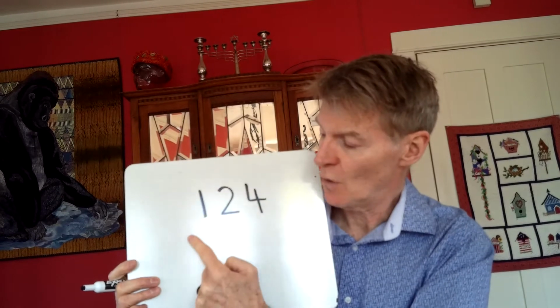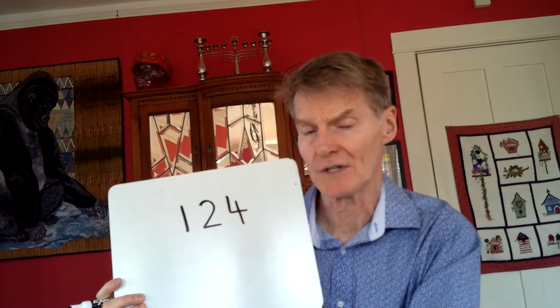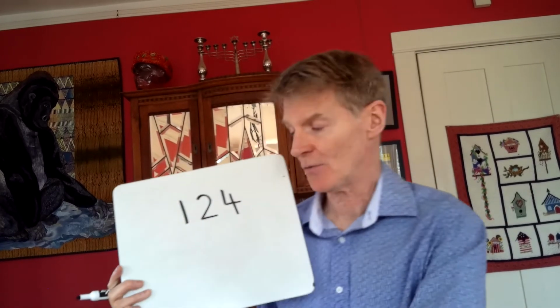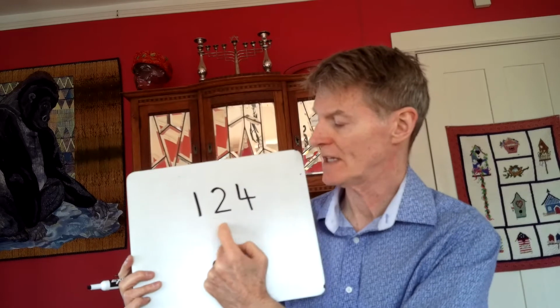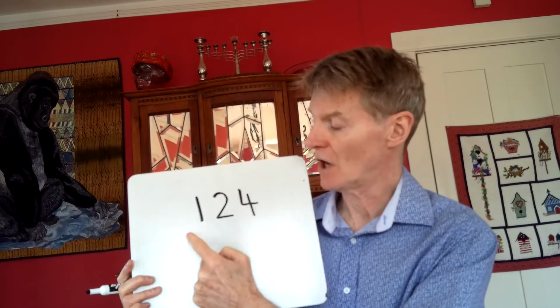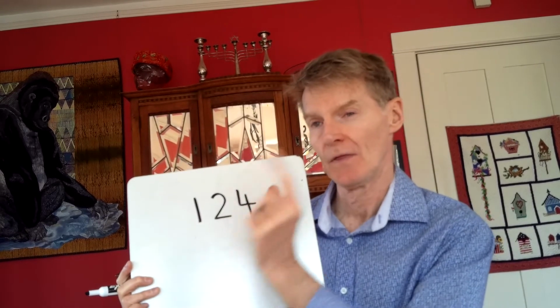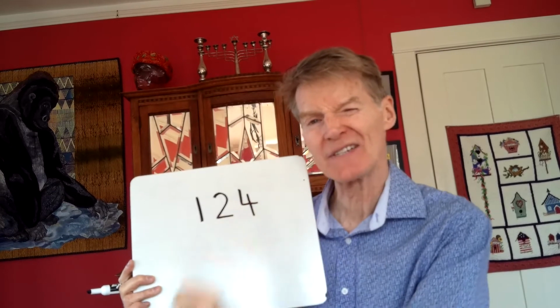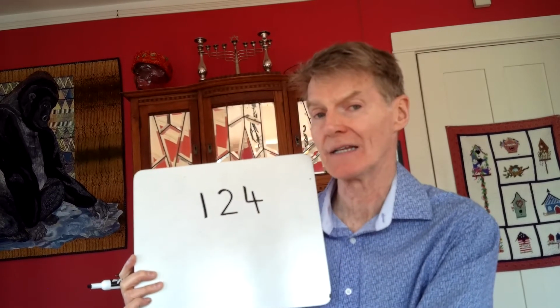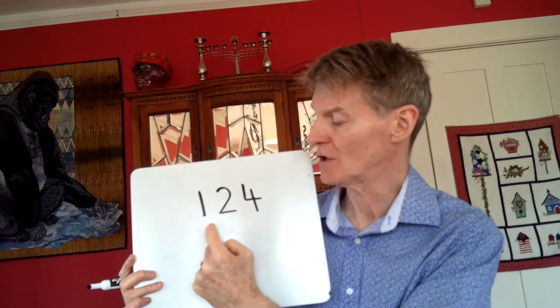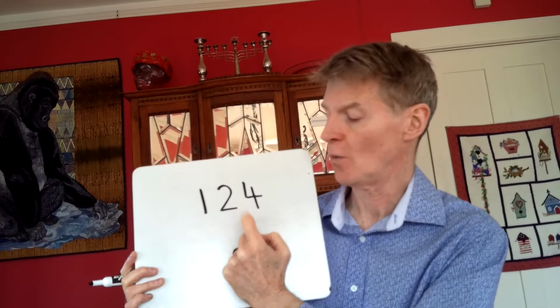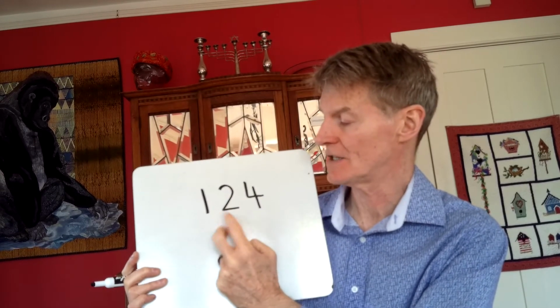Okay, let's read this. 1, 2, 4. Well, that is what the numerals are, but that isn't how one reads this. Let's try reading it the math way. 124. Some people say 124. The most mathematical way of saying it is to not say the word and. Is to say 124. 4 ones, 2 tens, 1 hundred.